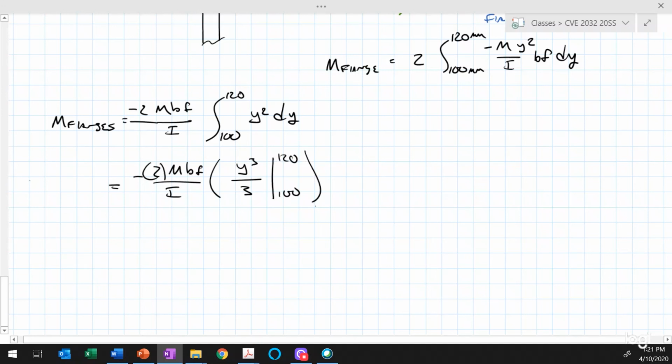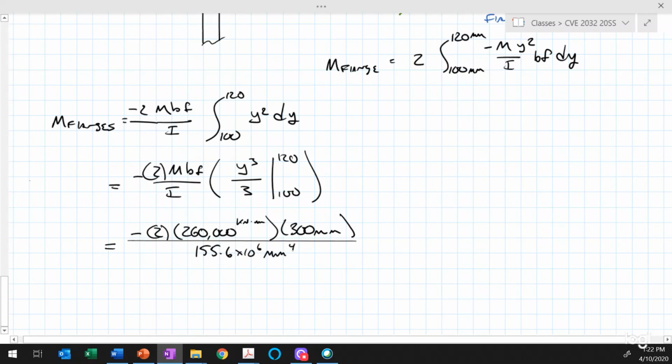Then we can plug in our values, and what we end up with is minus 2 times 260 kilonewton millimeters, times b sub f, which was 300 millimeters. This is 155.6 times 10 to the 6th millimeters to the 4th.